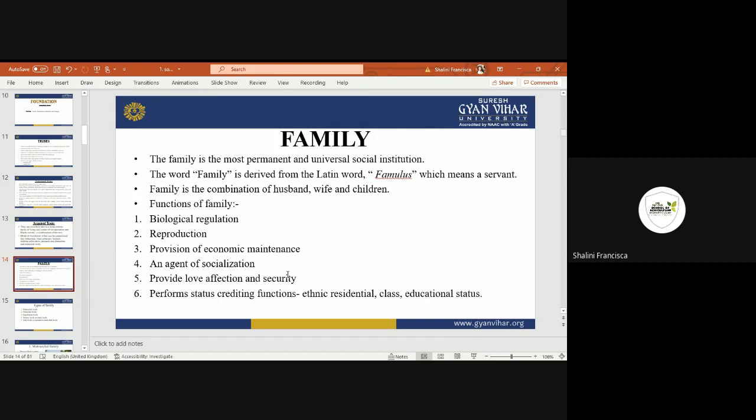Then the security. The most secure place in the world is our family. If the family is together, we can fight any problems. This point validates the main core element of what the family constitutes: love, affection, and security.